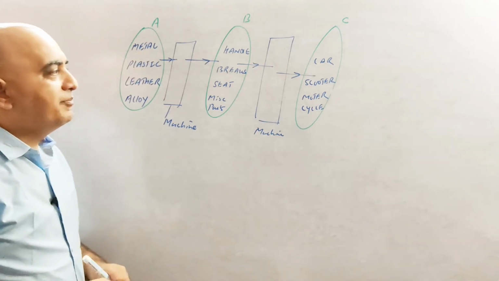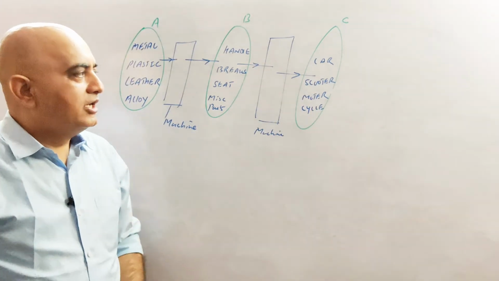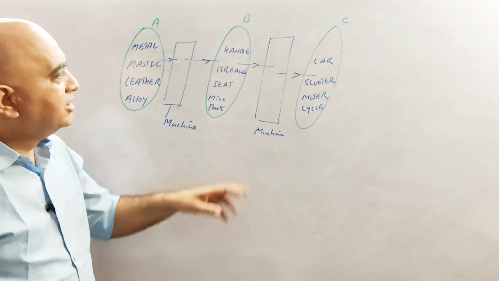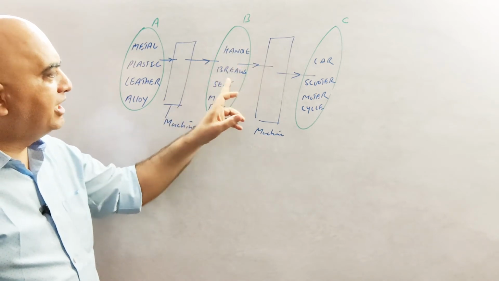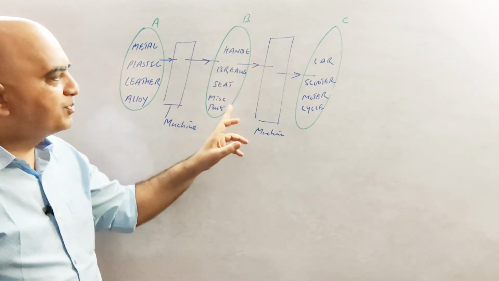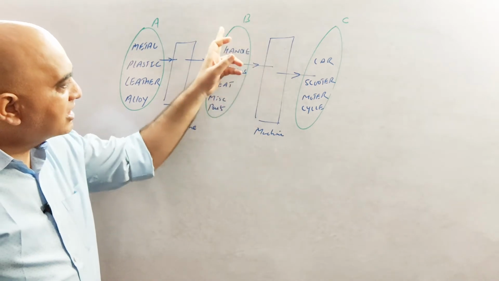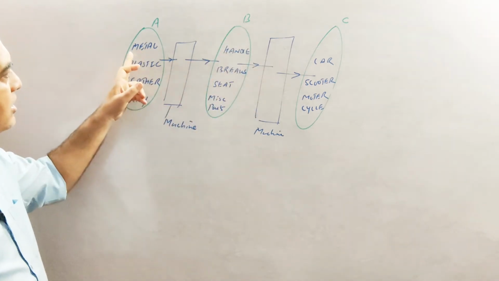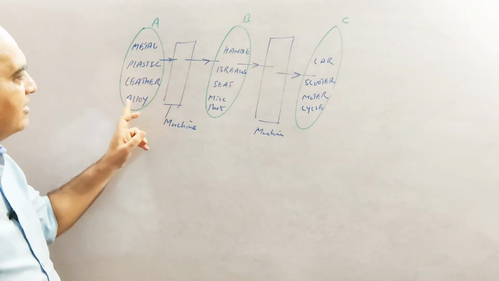It means the manufacturing of the car is dependent on these inputs like handle, brakes, seat, and miscellaneous parts, and these in turn are dependent on metal, plastic, leather, and alloy.